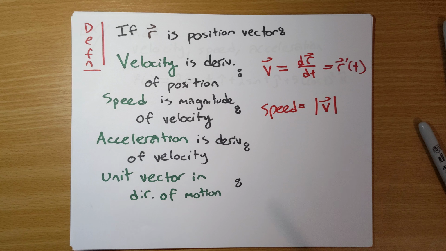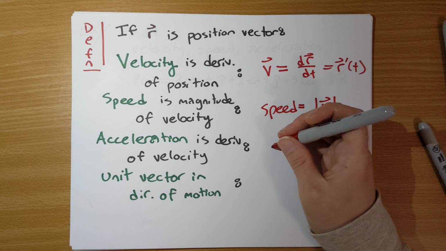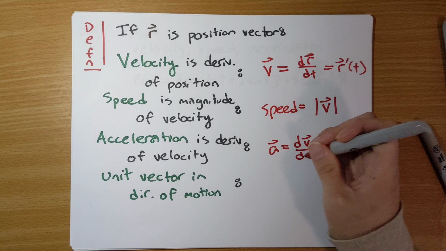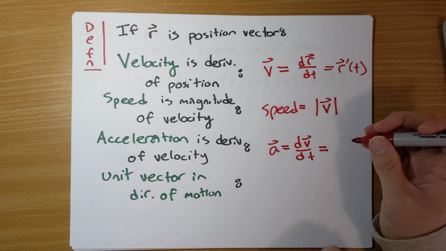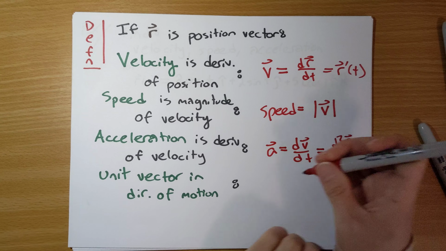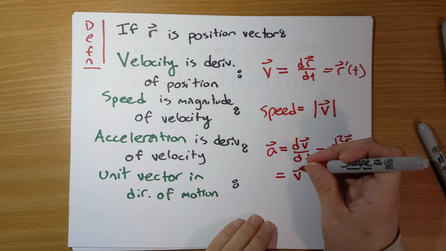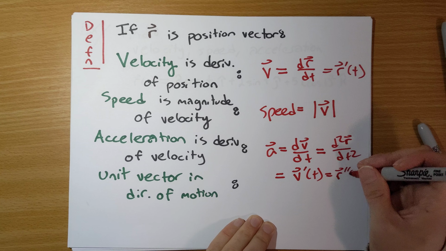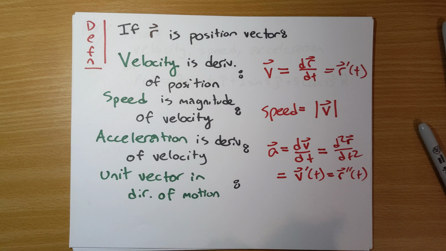How do you get to acceleration? Acceleration is the derivative of velocity. So a is dv dt is d squared r dt squared, or equivalently we could say a is v prime of t or r double prime of t. These are all equivalent.